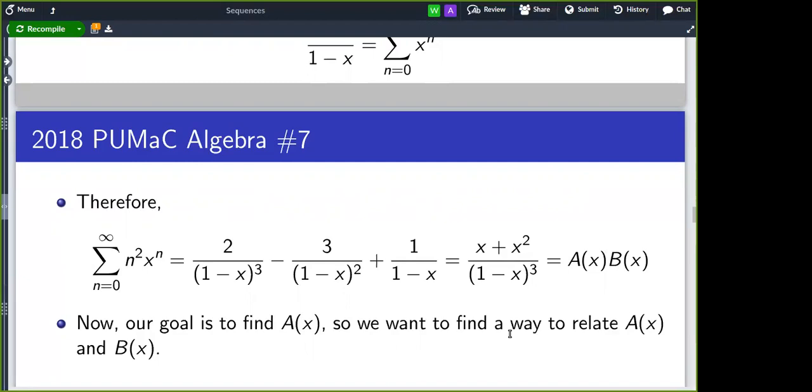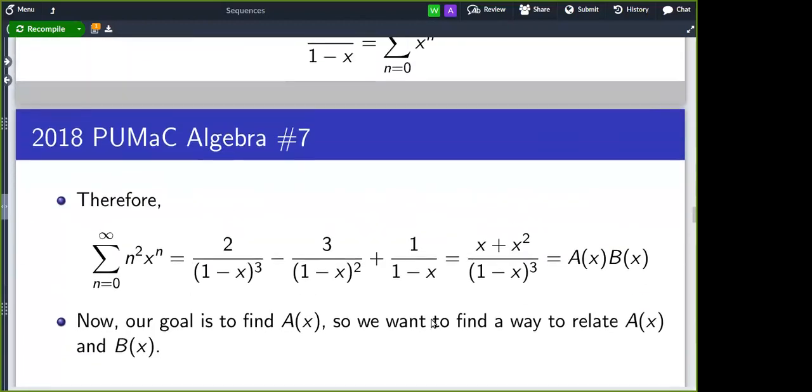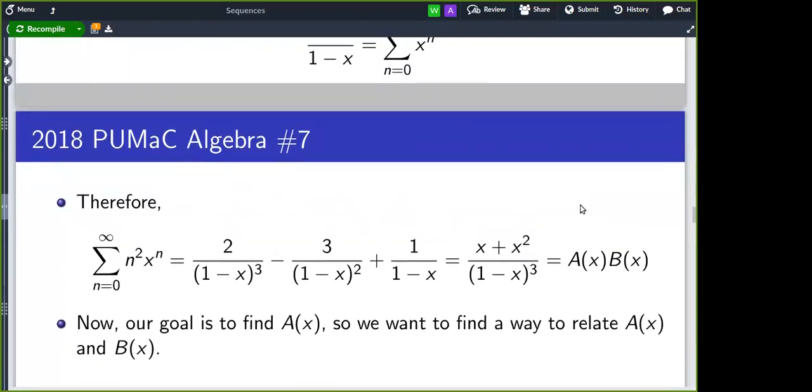So we defined bk to be ak minus 1 plus ak minus 2. Yeah, x plus x squared times a of x is b of x.